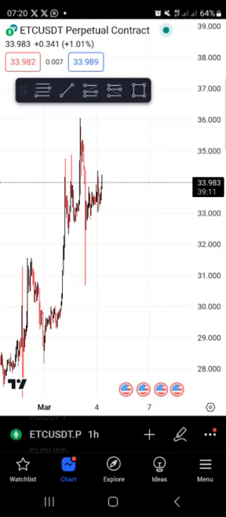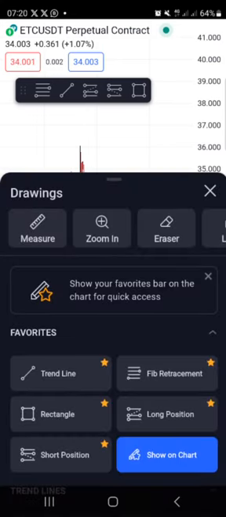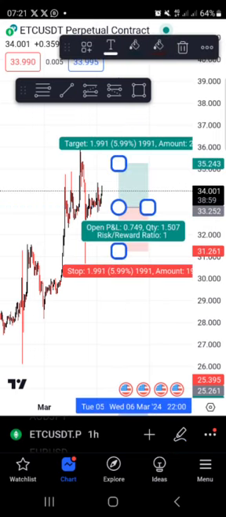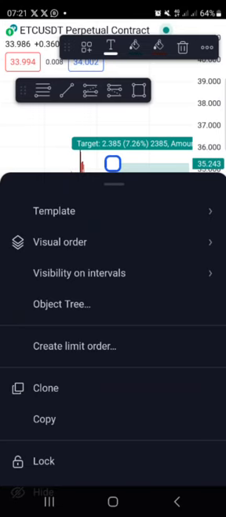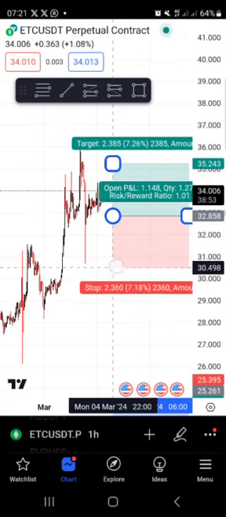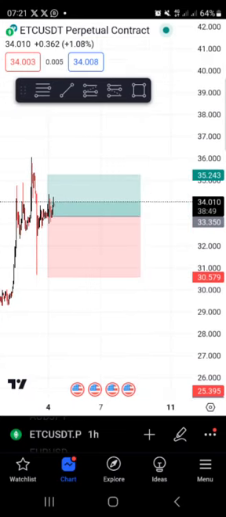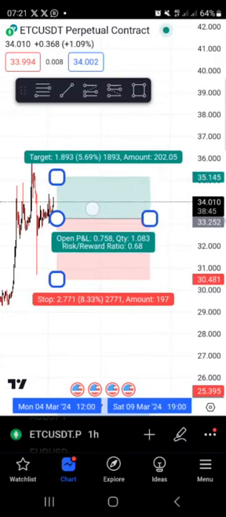The next thing you want to do is draw your long position. Since it's a long trade, you click on that pencil icon and select long position. Put it there. Now I want to show you why I was subtracting. In the case of long, I was subtracting the stop loss from the entry, while in a short trade, I was subtracting the entry from the stop loss.